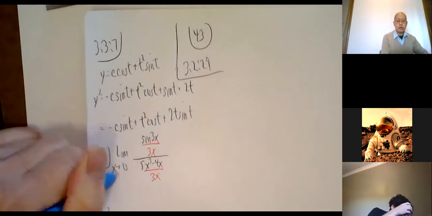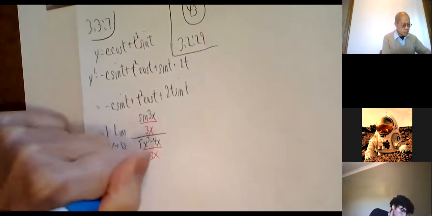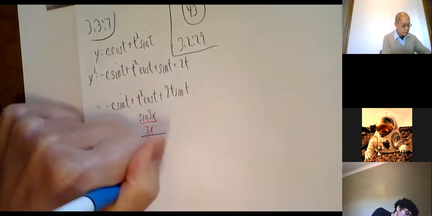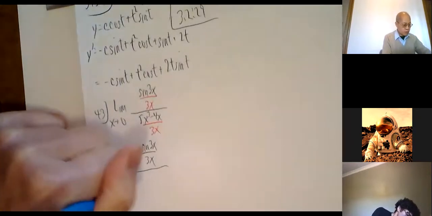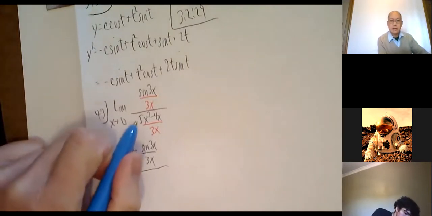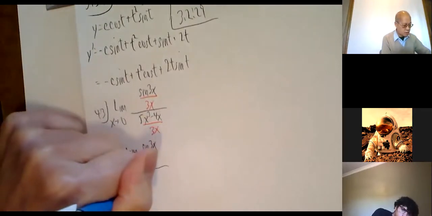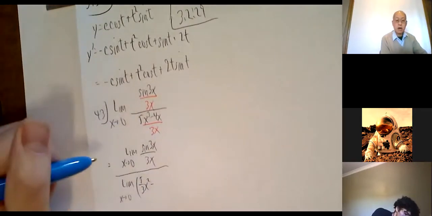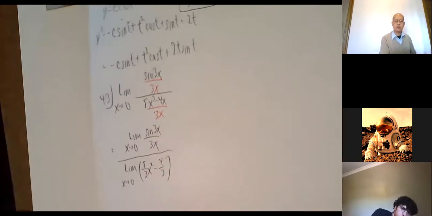Okay, the limit of a quotient is the quotient of the limits. That means write it like this. Limit as x approaches 0 of sine of 3x over 3x, over limit as x approaches 0 of, let's see, that comes out to be 5/3 x squared minus 4/3.